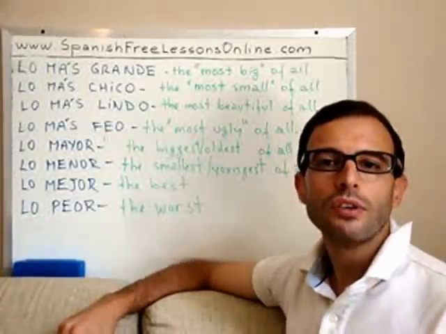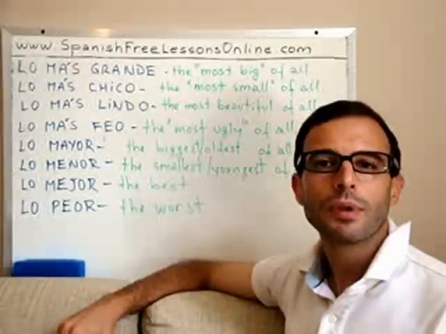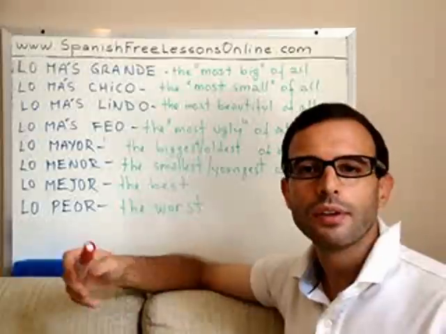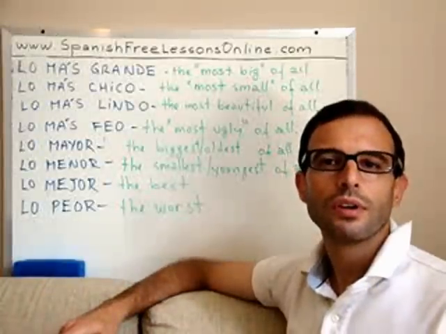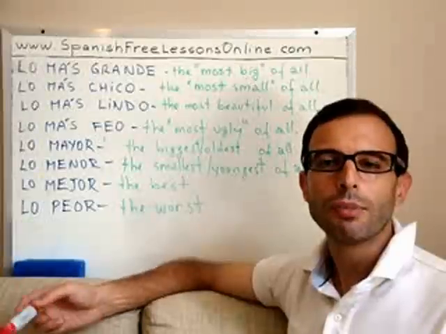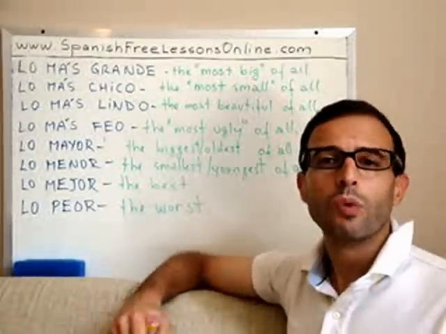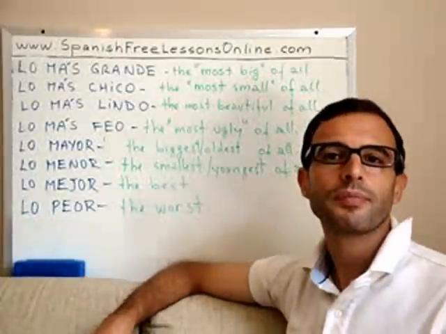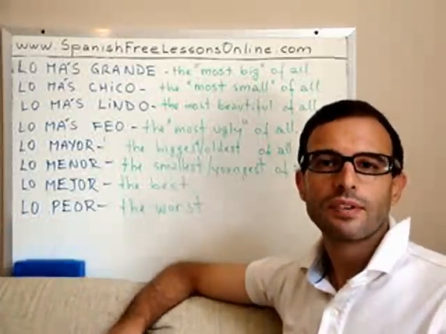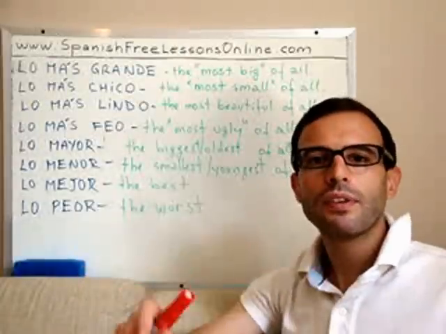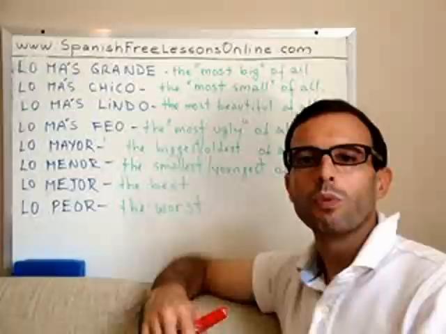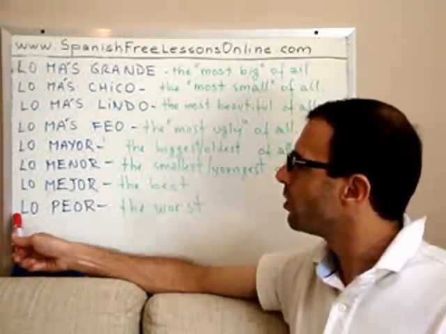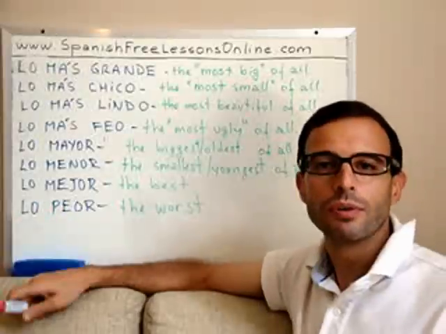Imagine we are speaking about some hardship or something bad that happened, and then we want to add to that information. We say the worst thing of all is that, right? Or like saying above all the bad things, even the worst of all. In that case, in Spanish we use lo peor, okay?